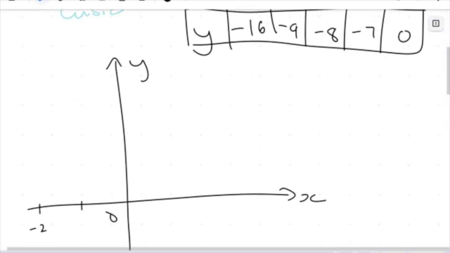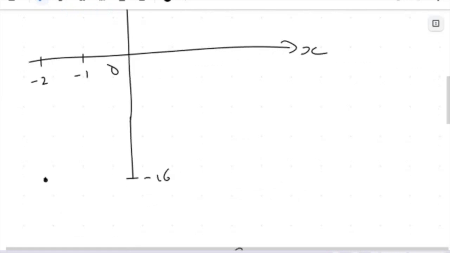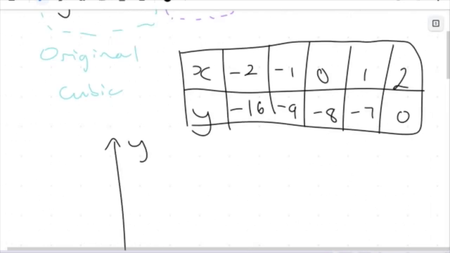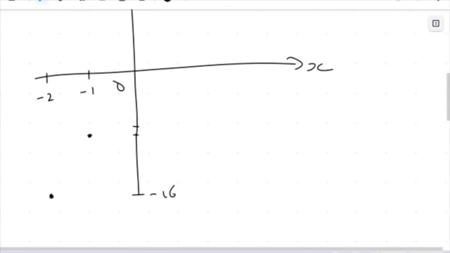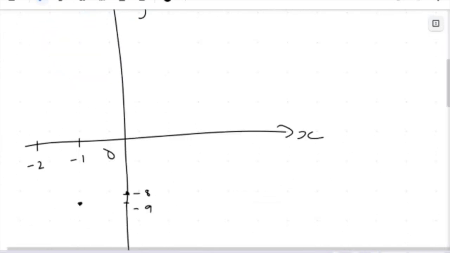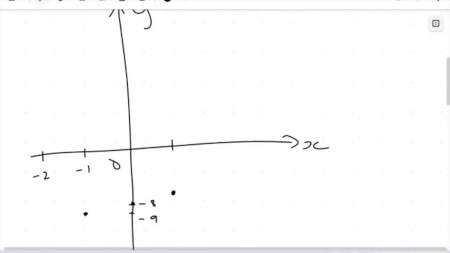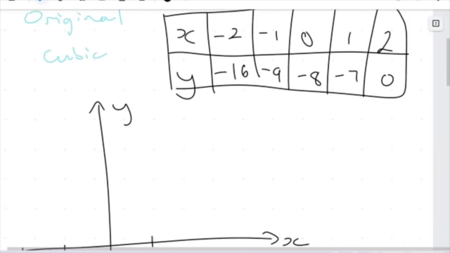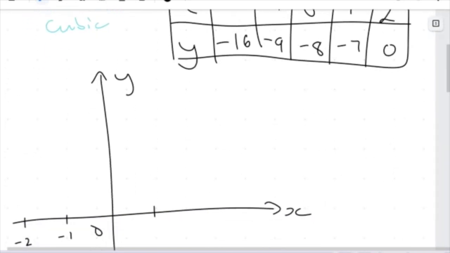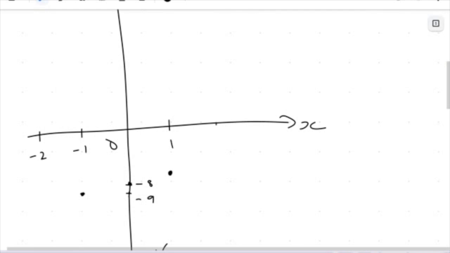When x is -1, we get -9. That's about here. And when x is 0, y is -8. Let's draw that in here. When x is 1, y is -7. That gives us something around here. And when x is 2, y equals 0. So that's going to be this thing here.